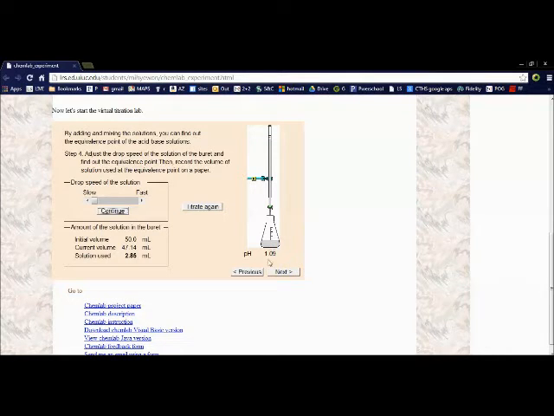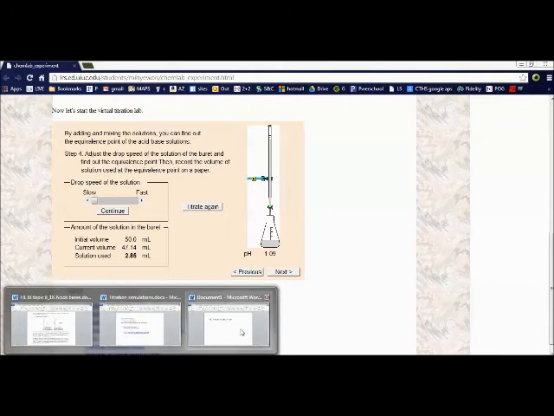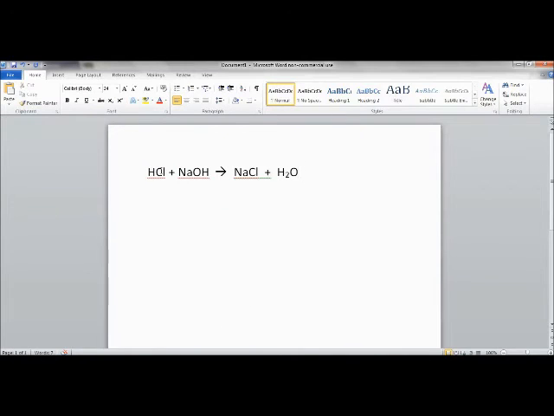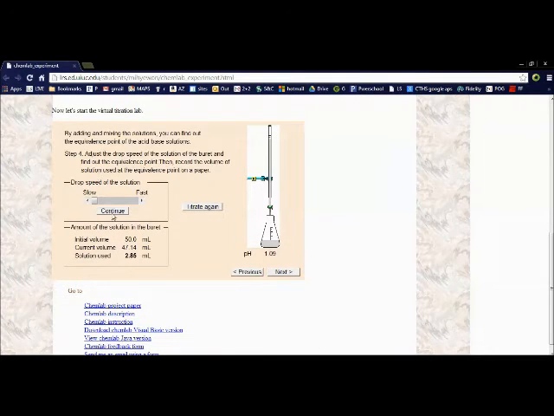If I wanted to change the pH from 1 to 2, that would require my concentration to go from 0.1 to 0.01. I have to have a 10-fold change in HCl concentration to make that pH go from 1 to 2. So I would need to react almost all of the HCl before the pH is going from 1 to 2. That's why this pH is creeping up really slowly here.